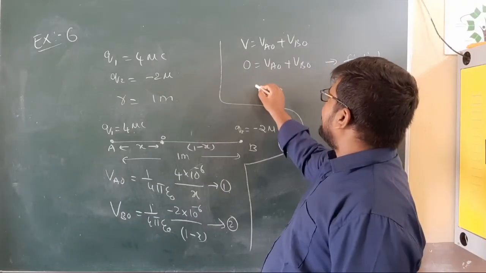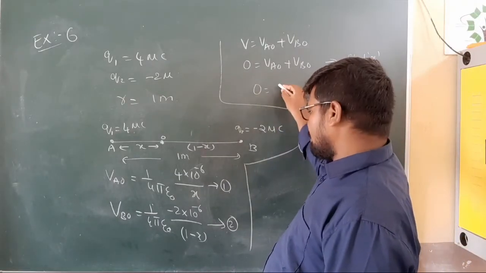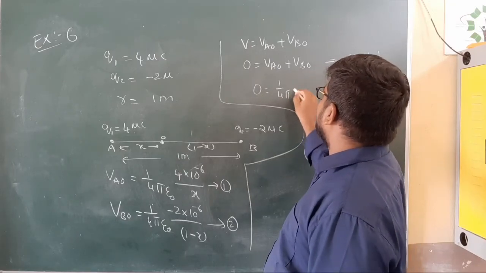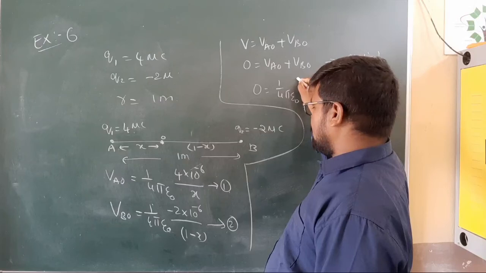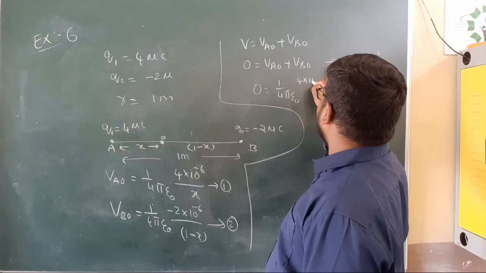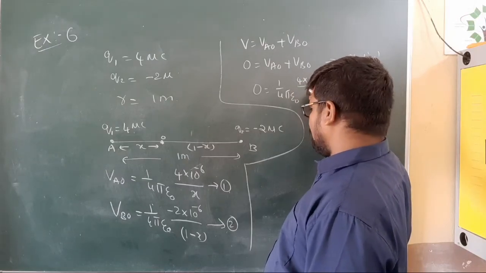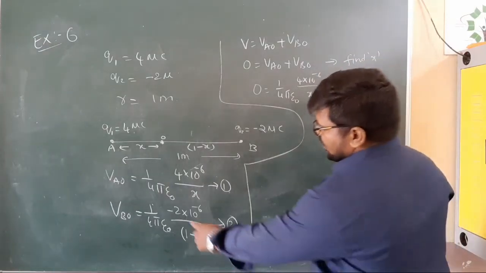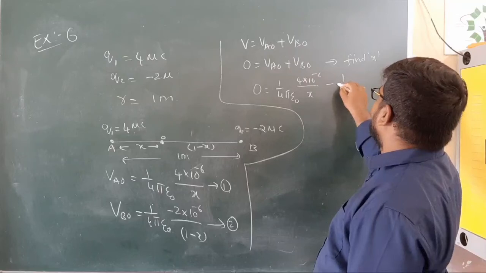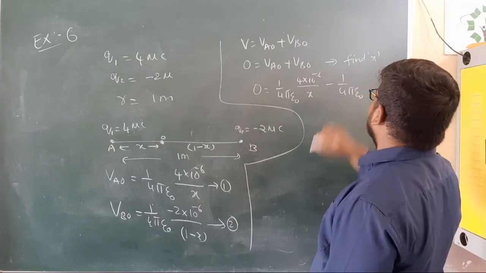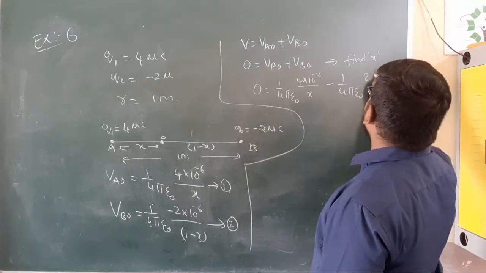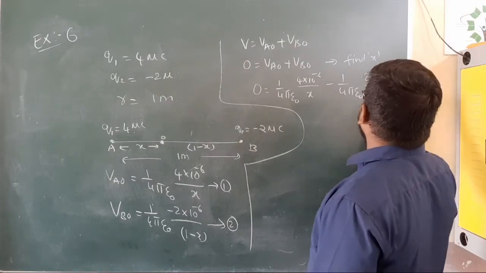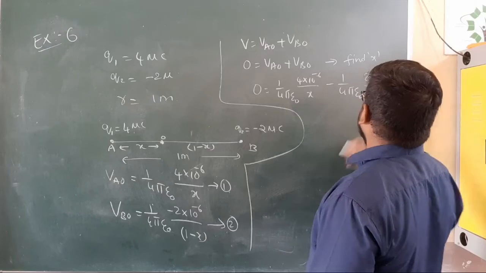So rearrange this: 0 is equal to 1 by 4 pi epsilon naught, 4 into 10 power minus 6 by x, minus, because the minus is there, 1 by 4 pi epsilon naught, 2 into 10 power minus 6 by 1 minus x.